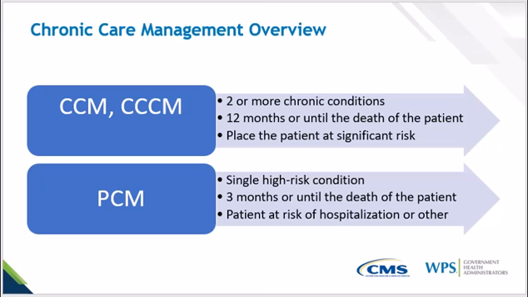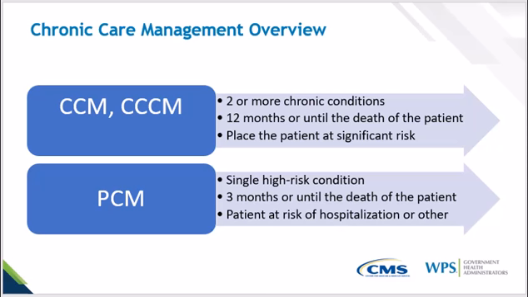You expect the conditions to last at least 12 months or until the death of the patient. These conditions place the patient at a high risk of death, acute exacerbation or decompensation, or functional decline. This is for CCM and CCCM.